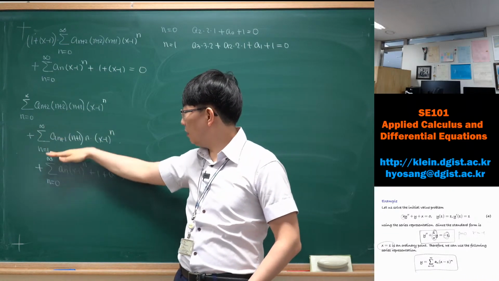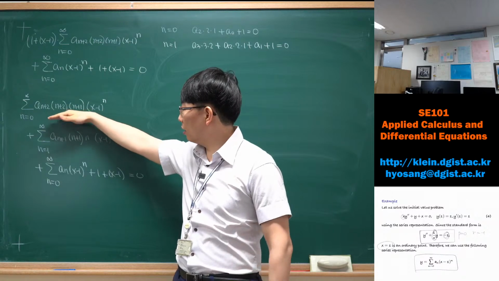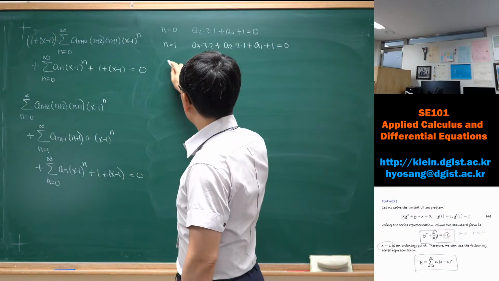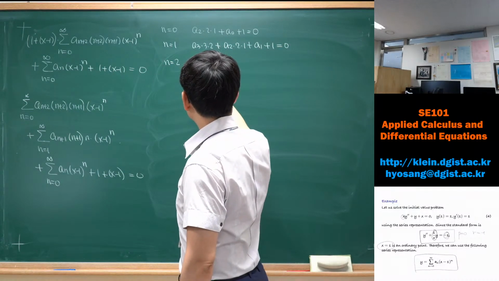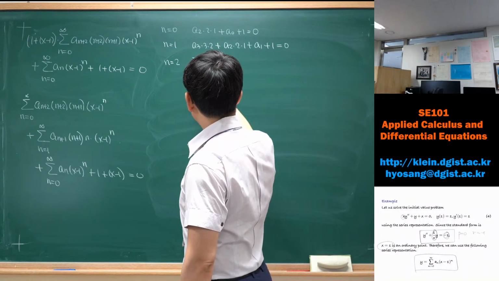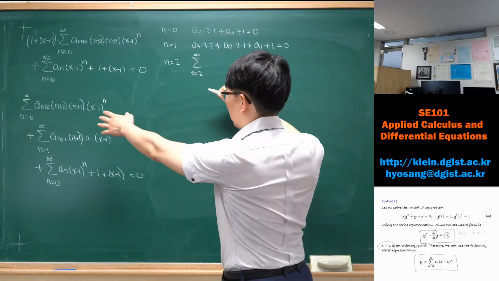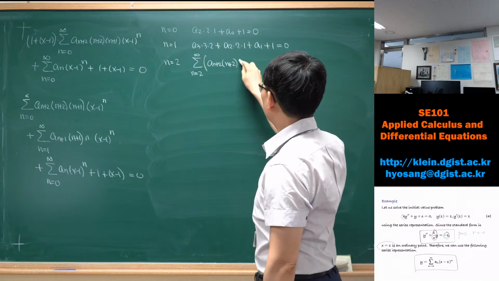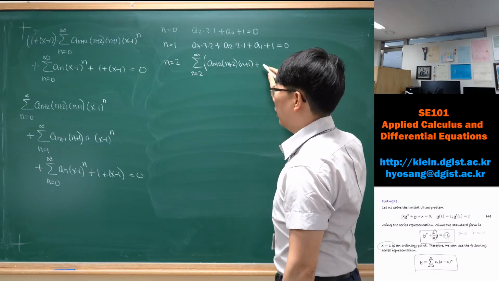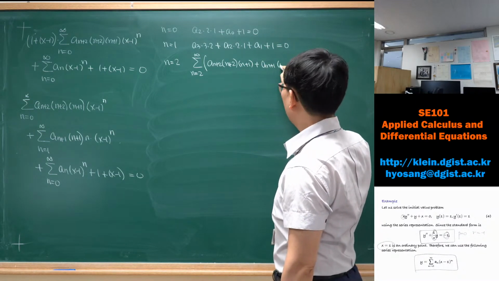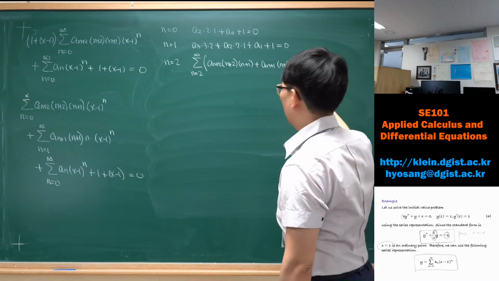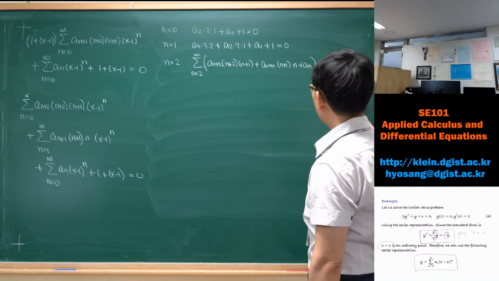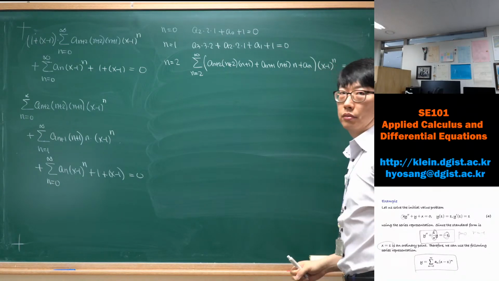Now, when n is bigger than or equal to 2, there's nothing here. Then all the terms can be combined together because there are degree 2 or higher terms in these three summations. So when n is from 2 to infinity, let's combine all the summations: a_{n+2}(n+2)(n+1) plus a_{n+1}(n+1)n plus a_n, times (x minus 1)^n, and that's 0.